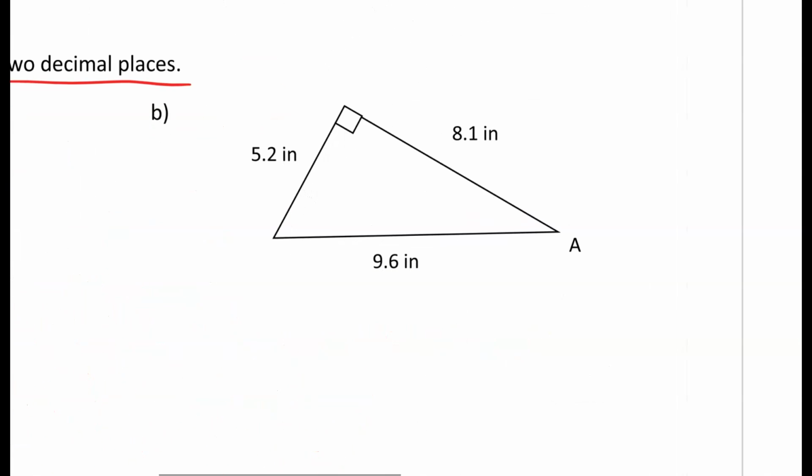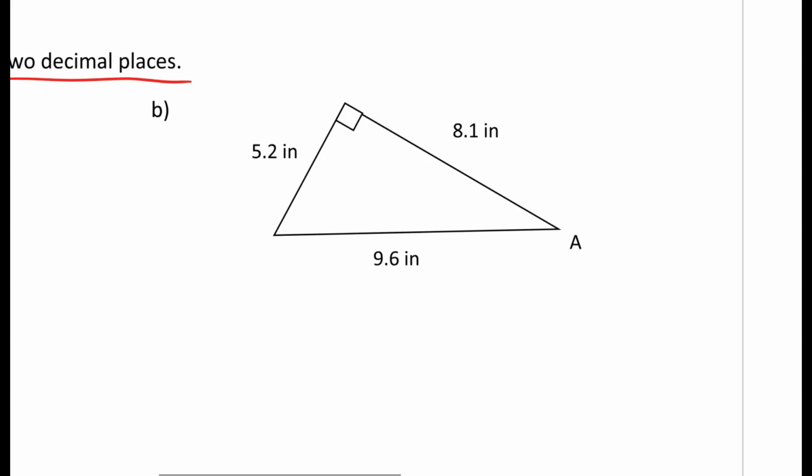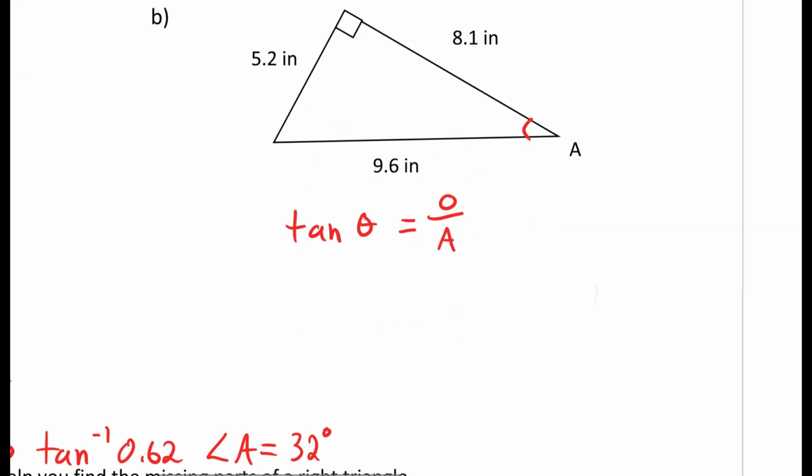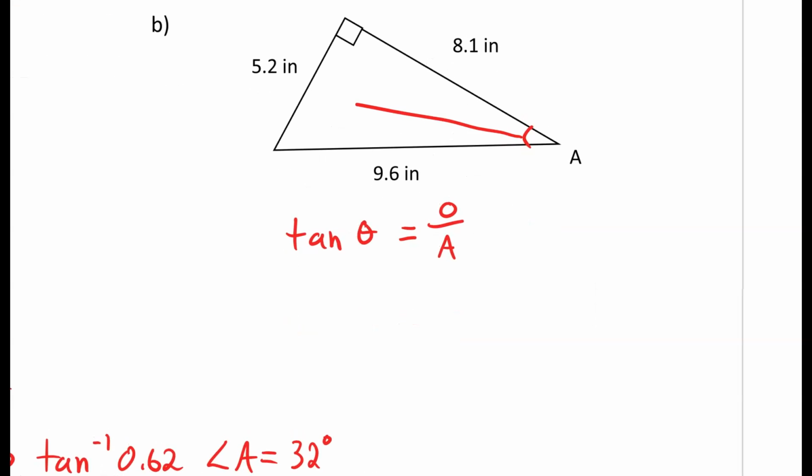Now for B here, we have angle A at the bottom over here on the right. We want to use our opposite and adjacent when we're calculating for tan. So we have tan theta equals opposite over adjacent. Our opposite of A would be 5.2.